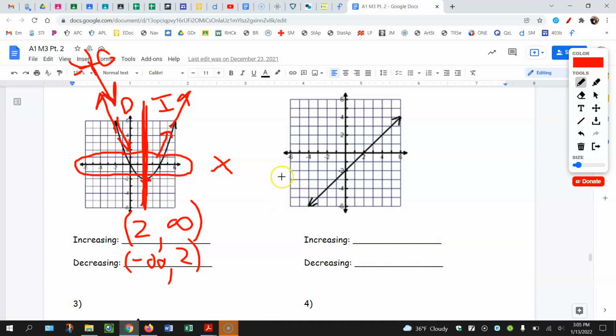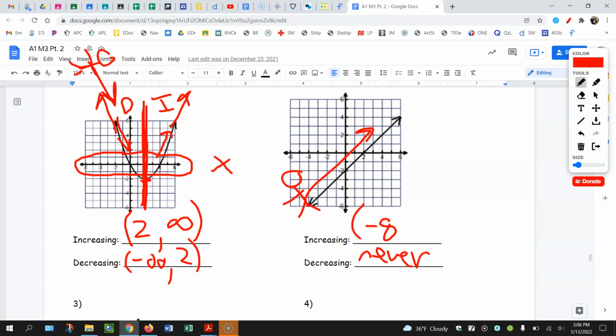All right, the second one. Imagine here's your person. They're walking up the entire time. So decreasing is going to be never. Increasing, it's always increasing. There are arrows on both ends of the graph.